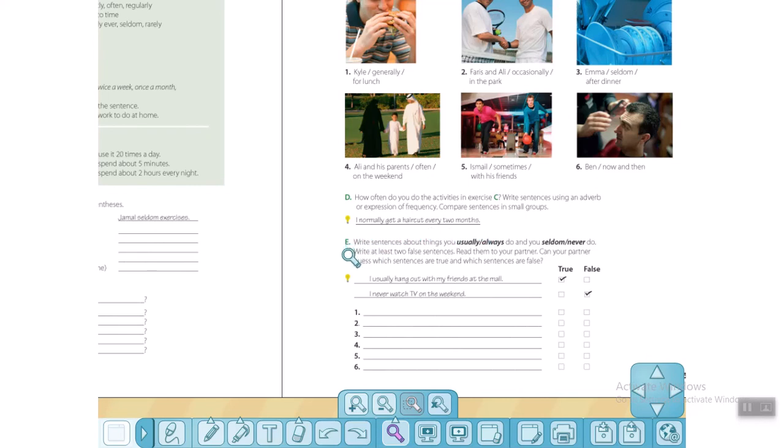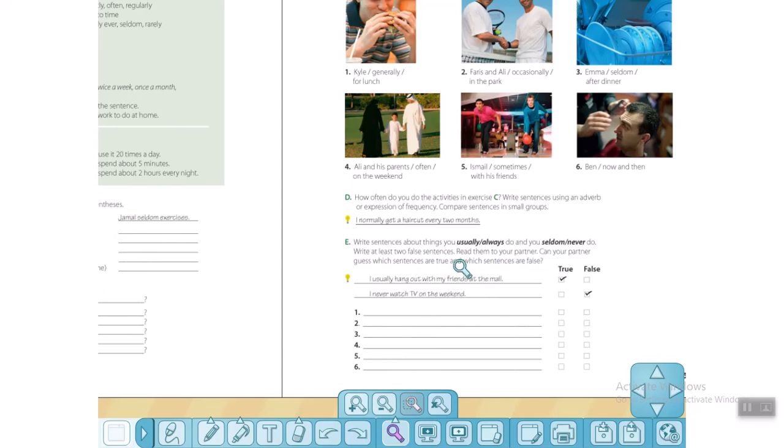A. Write sentences about things you usually or always do and you never or seldom do. Write at least 2 false sentences. Read them to your partner.